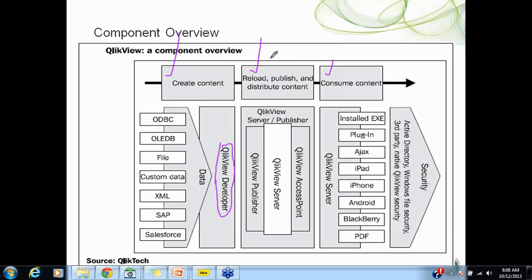After that comes the reload, publish, and distribute content. We know that when the deployment goes enterprise-wide, it becomes impractical to update and distribute the file manually. Also, data are loaded into the RAM when using a local Windows application to open Qlikview files.